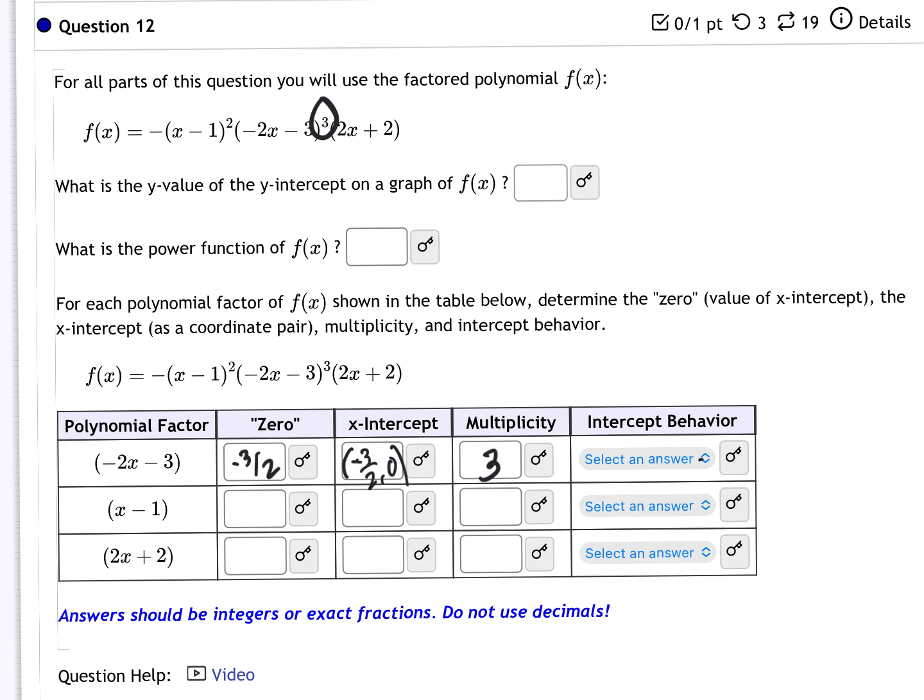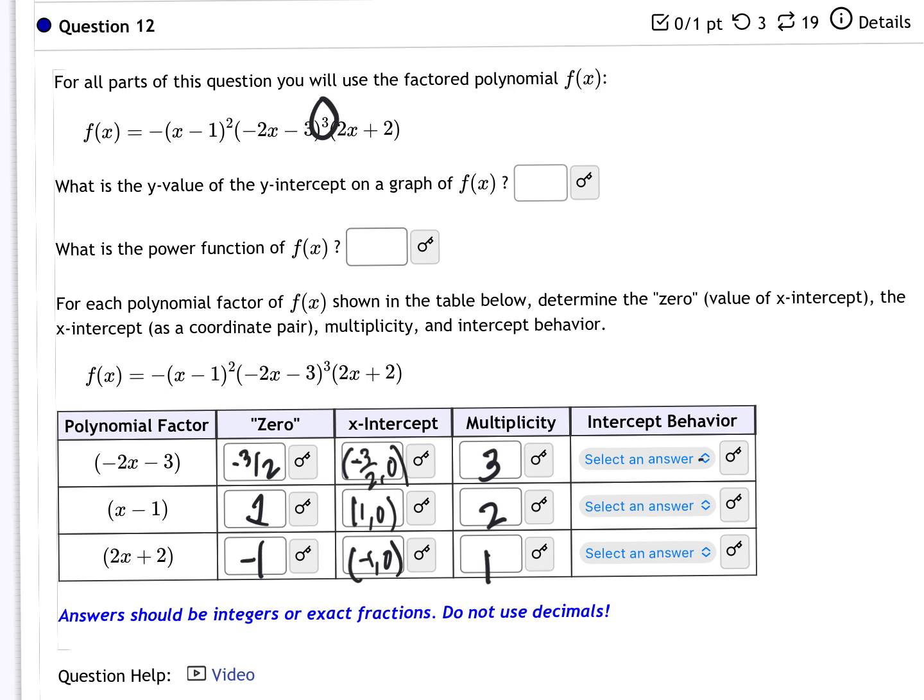This one, 0 at 1. X-intercept at 1, 0. Multiplicity of 2, bounces. This one, 0 at negative 1. Intercept at negative 1, 0. Multiplicity 1, crosses through. Okay, hope that is helpful.